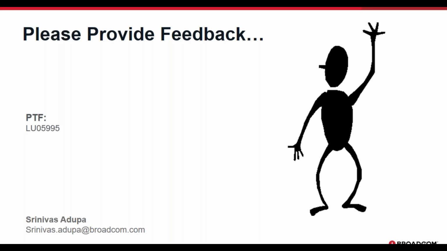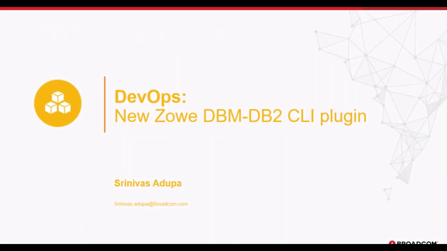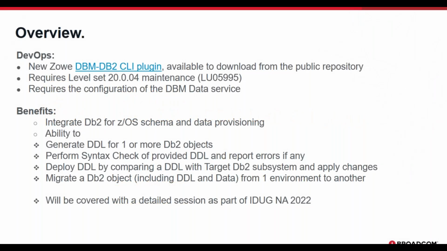Thank you. And the final one is DB2 DevOps. We have delivered a new Zowe DBM-DB2 CLI plugin. In the next slide, you can see this new plugin is currently available for download from the public repository, and the download link is hyperlinked to DBM-DB2 CLI plugin.